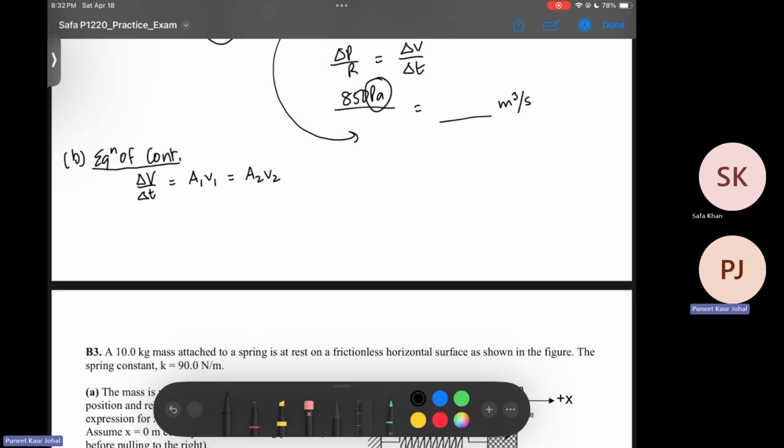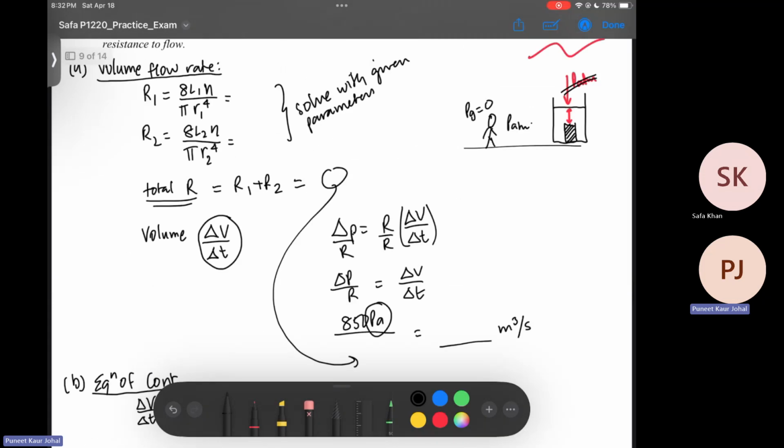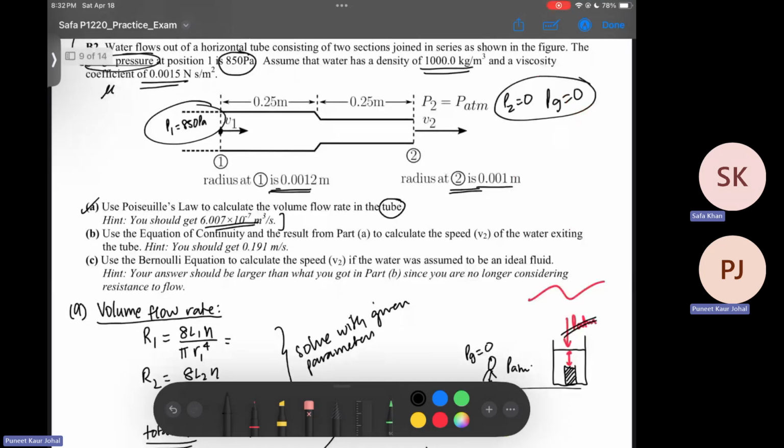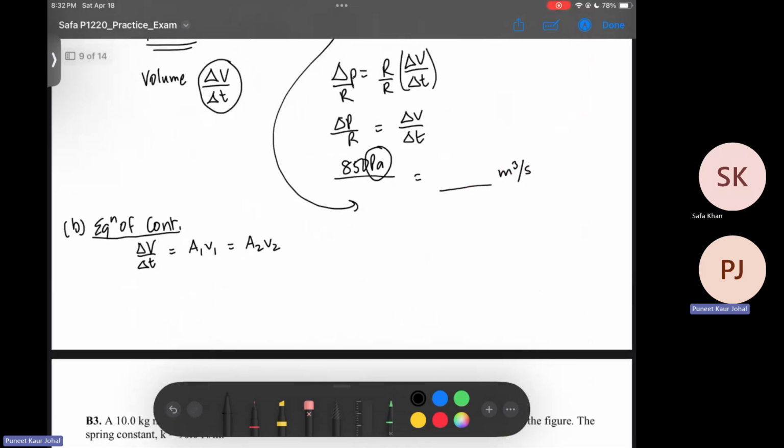And you can use any part of this. It's like sine law. You have three different parts, so you can use this or this as per your convenience. We don't know the velocity in the first section, right? They don't give us anything. So it will be better to use this and this, because we already have the volumetric flow rate from here that you will just input in here.